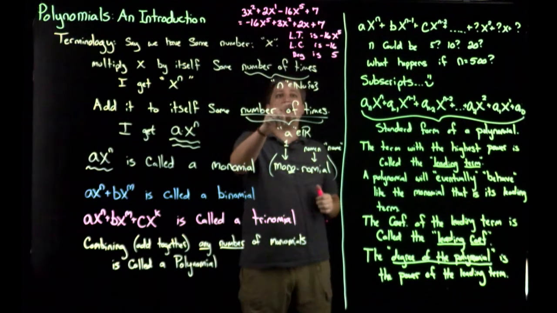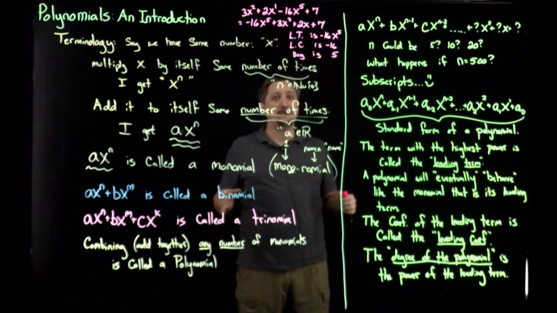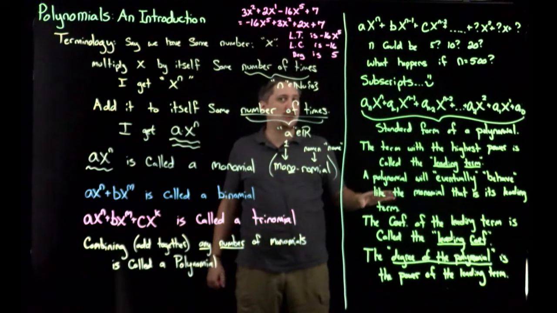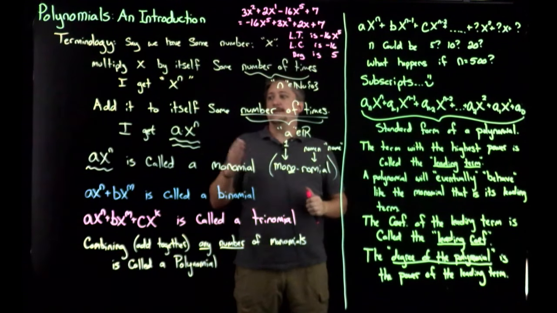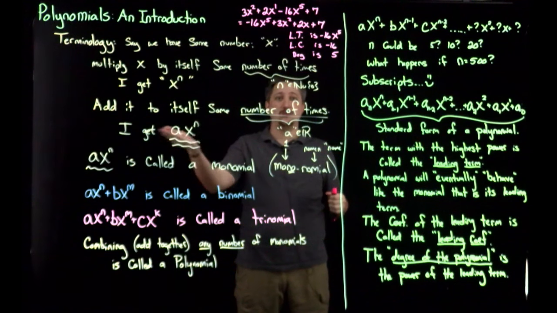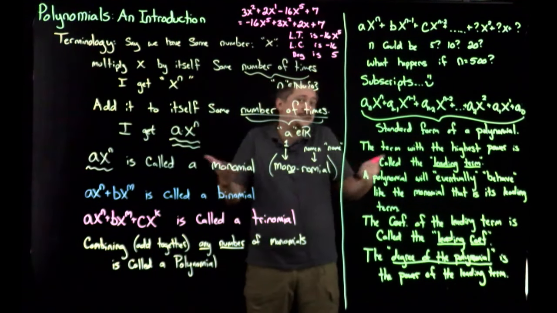All of the powers have to be whole positive numbers or 0. So I can't have any fractional powers or negative powers; it has to be whole powers or 0. And the coefficients can be any of the real numbers. I could even have, for example, 0, although that would give you a flat line, y equals 0, which we don't usually worry about, but it is technically a polynomial.